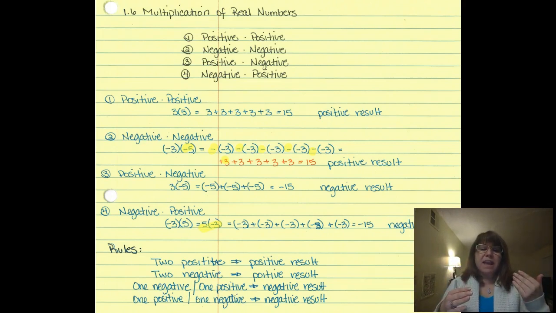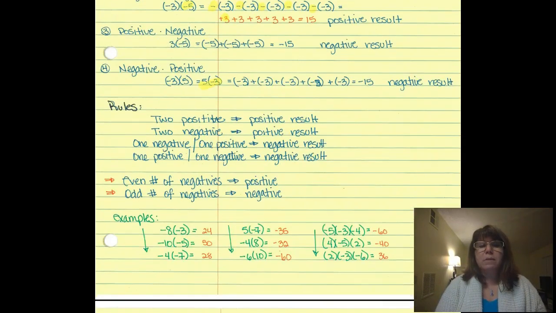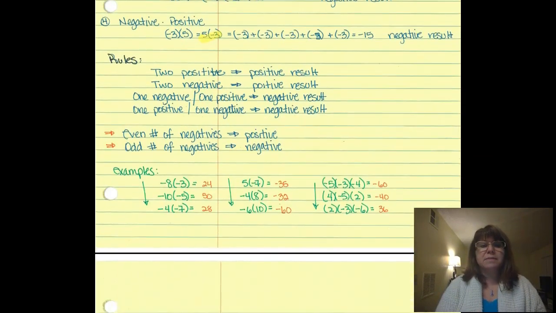But what happens if I have more than 2 numbers? The cool part is that a positive times a positive times a positive, no matter how many positives you have, will result in positive. What happens is when you throw in any negatives. Here's the trick, or rule of thumb: it depends on the number of negative signs.